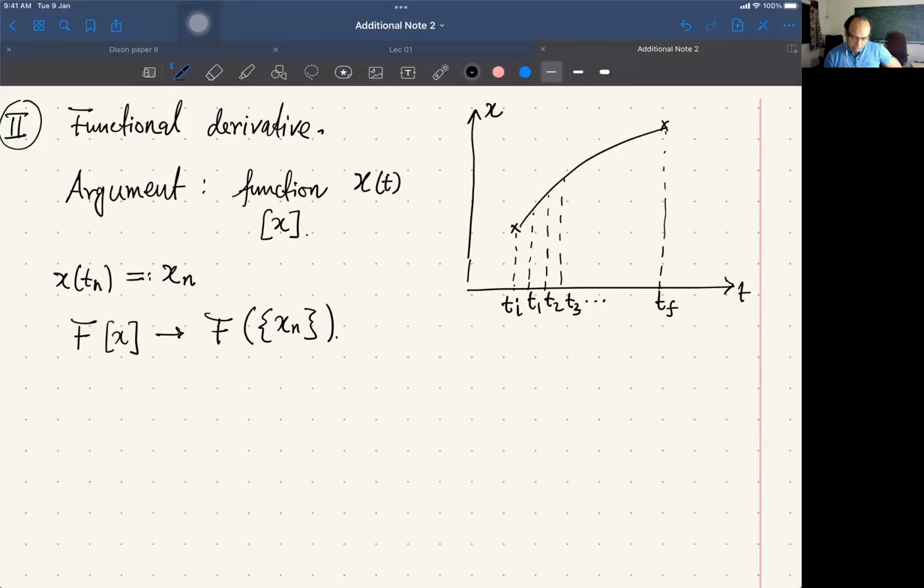When you integrate f, you can integrate over each xn, and that's equivalent to the functional integral of f of x.